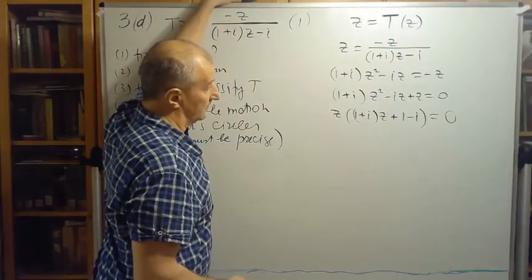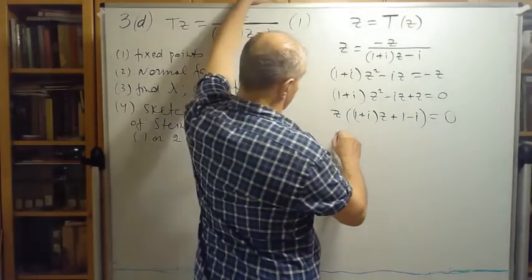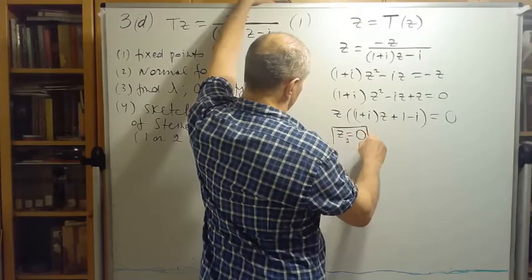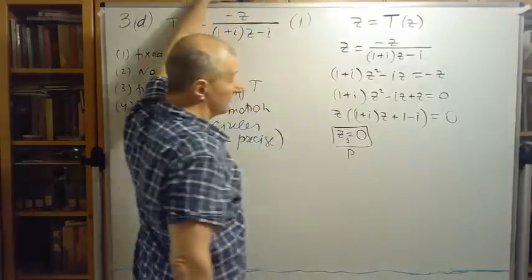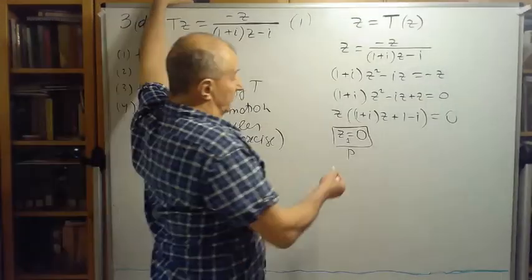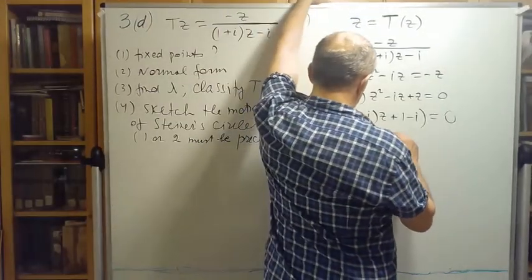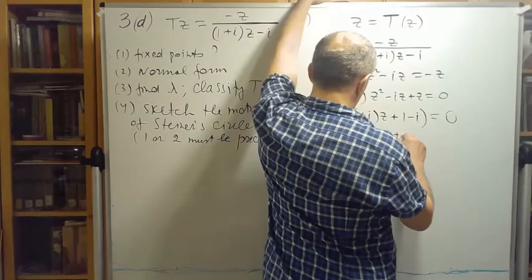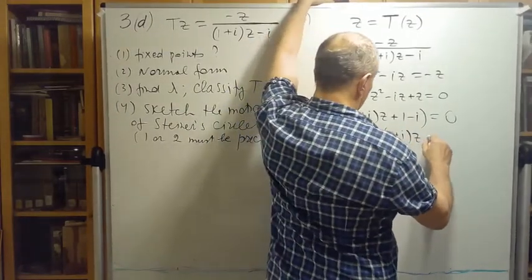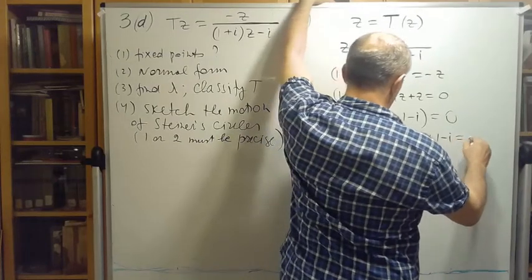So one root is z1 equal to 0. That's what we can call P, for instance, and which will be P, which will be Q, we will decide. And then the other one we find from this bracket also being 0: (1 plus i)z plus 1 minus i is equal to 0.